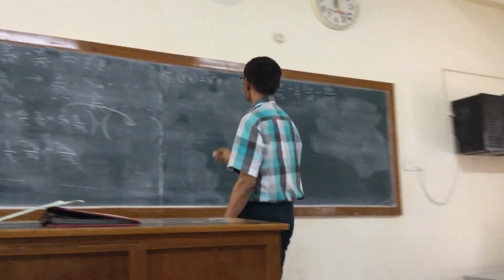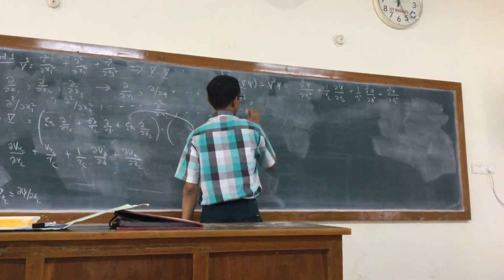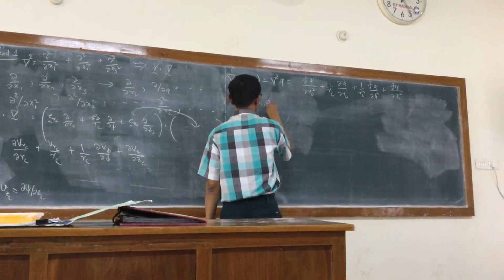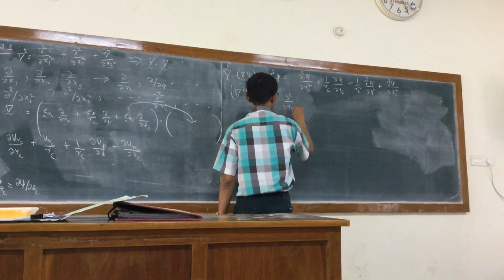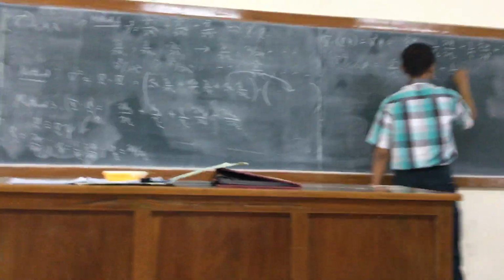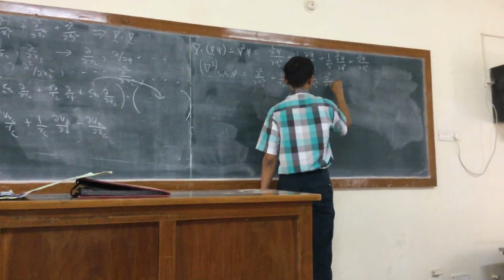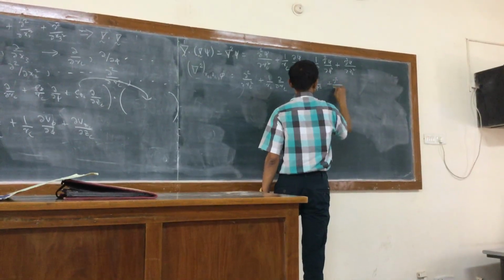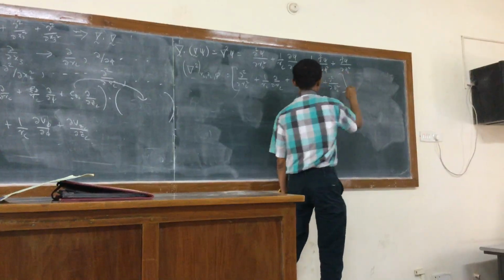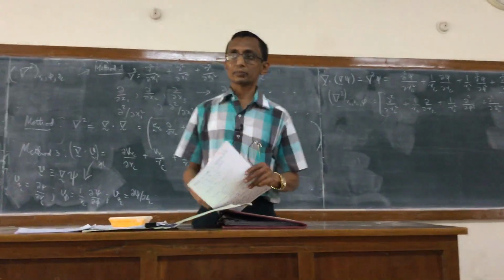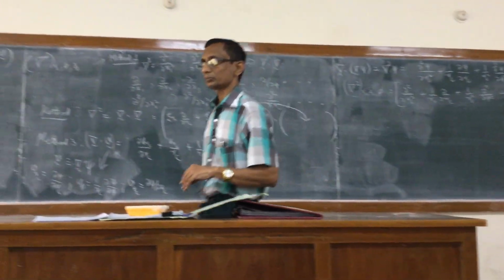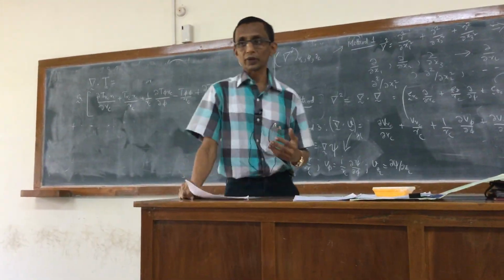So I can easily identify the Laplacian in cylindrical coordinates as d squared by d rc squared plus 1 over rc d by d rc and so on. This is a very important formula, the Laplacian operator in cylindrical coordinates. Except for this term, the rest is fairly easy to remember.